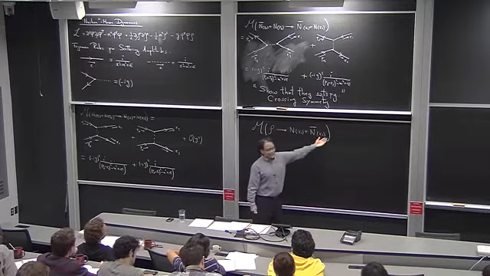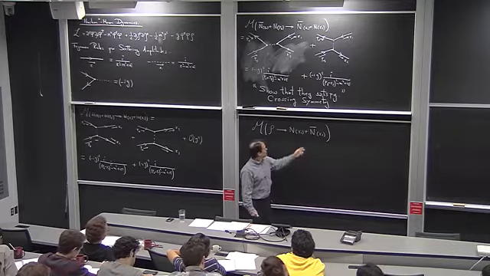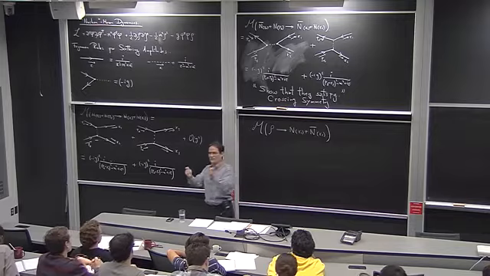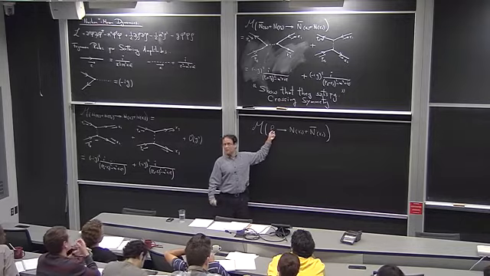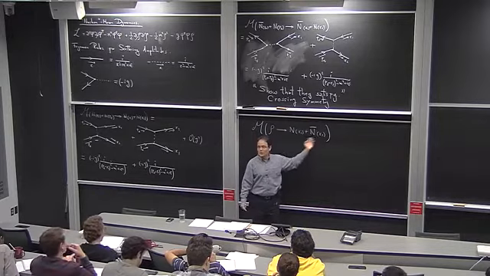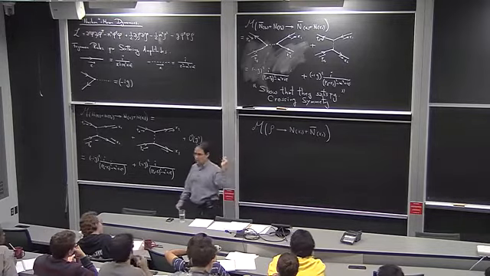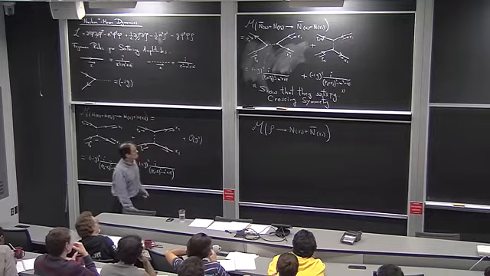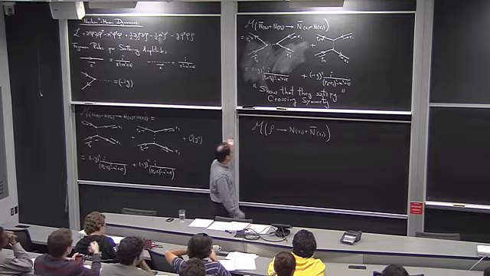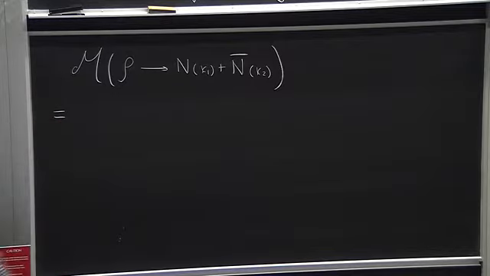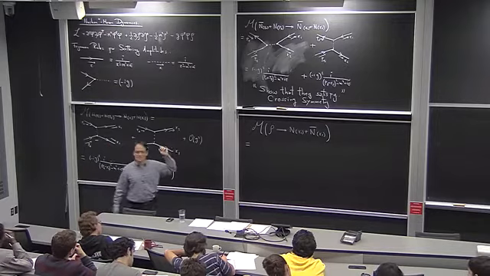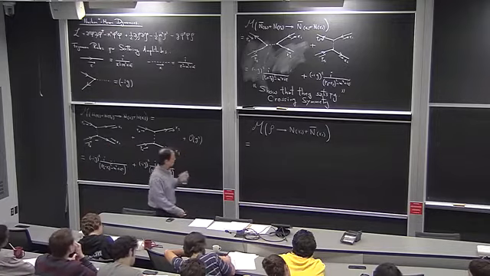So if we find that this is actually possible, you could also think that these guys are being produced as a particle and an antiparticle out of a rho meson, okay? So this is another reason why these two objects are called particles and antiparticles, okay? So let's actually compute this. Well, to leading order again. I'll leave it up to you to go crazy and do 10 orders in the coupling.